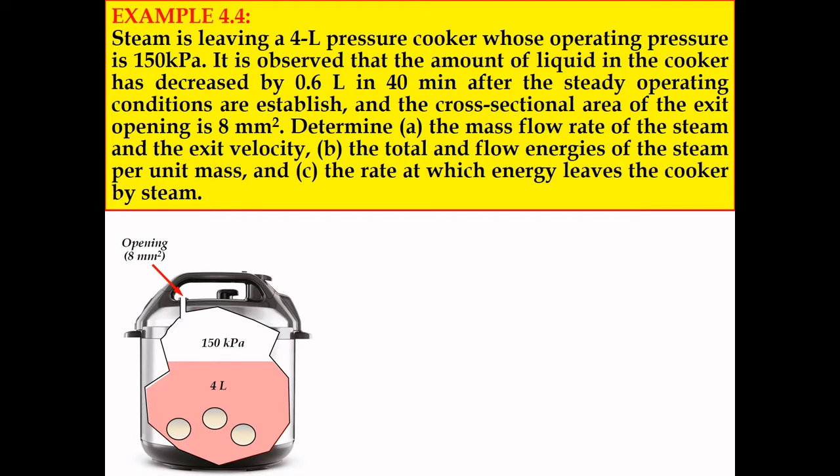First we draw a schematic diagram. At the beginning we have 4 liters of liquid, the pressure inside the cooker is 150 kilopascal, and the opening of the pressure cooker exit has a cross-section area of 8 mm square.